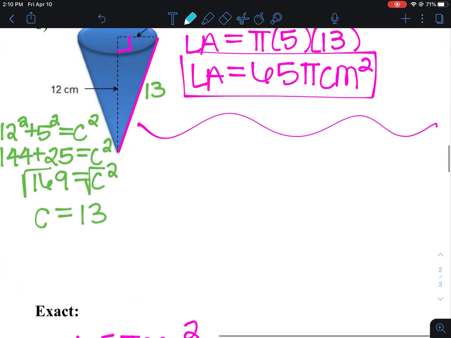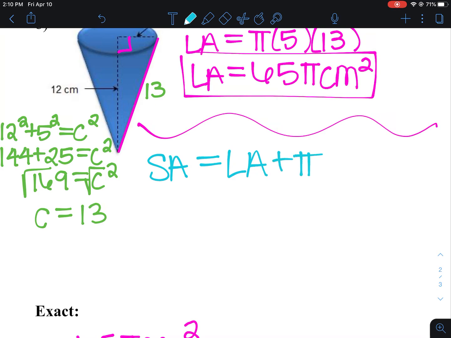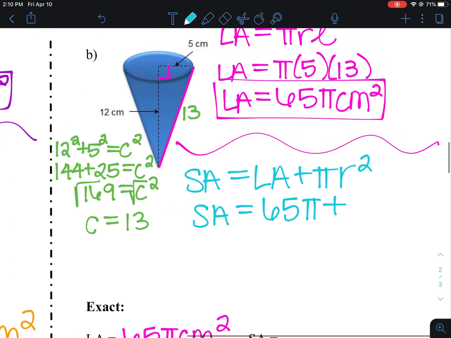So now let's find surface area. So surface area is the lateral area plus pi r squared, the area of the base, which is a circle. So we just found that the lateral area was 65 pi, and then this would be pi, the radius is 5 squared.